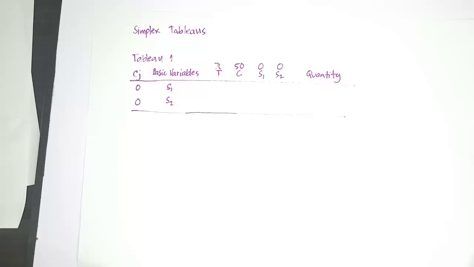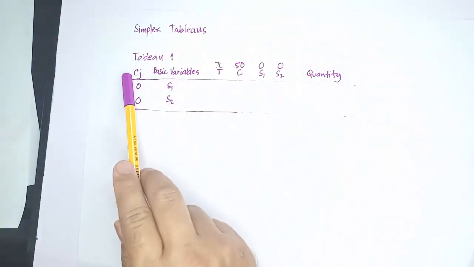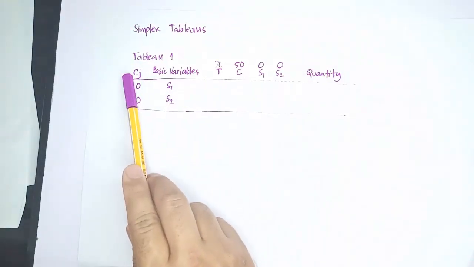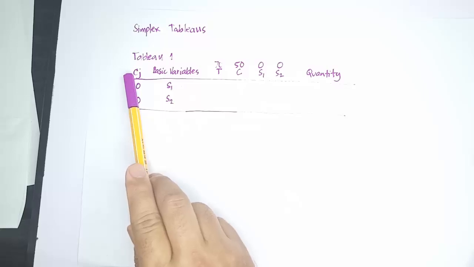Once we're done formulating the standard form of the linear programming model, we can now start constructing the simplex tables. The simplex tables have the following headers. So we have the C sub j's, which represent the coefficients in the objective function.